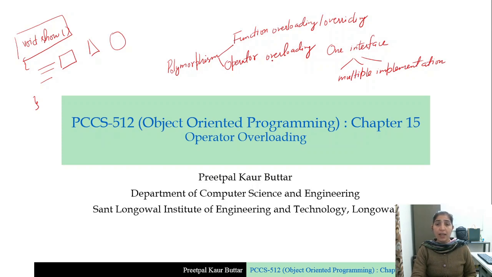And the second kind of polymorphism is operator overloading. Just to give you an idea, suppose we have this addition operator. Normally, we use this addition operator to add two integers. It can also be used to add two doubles.